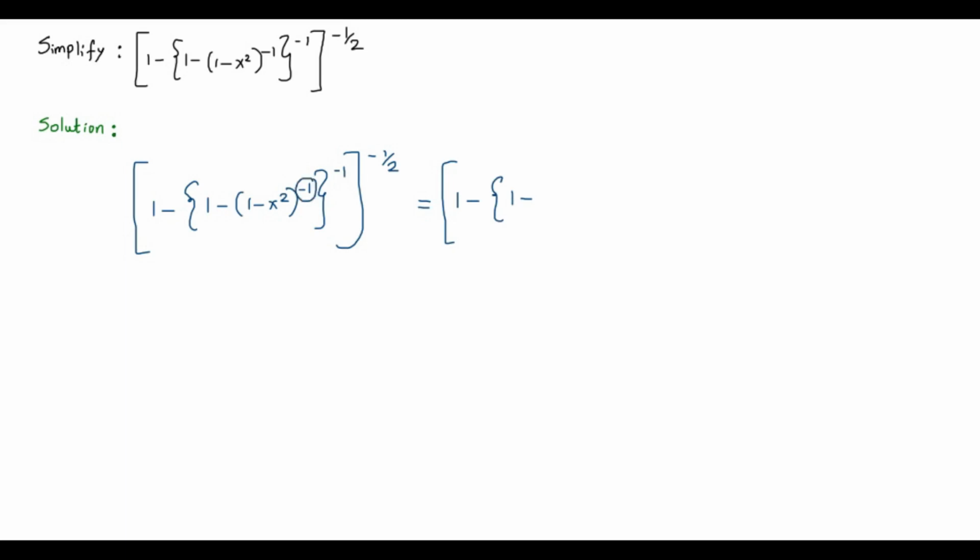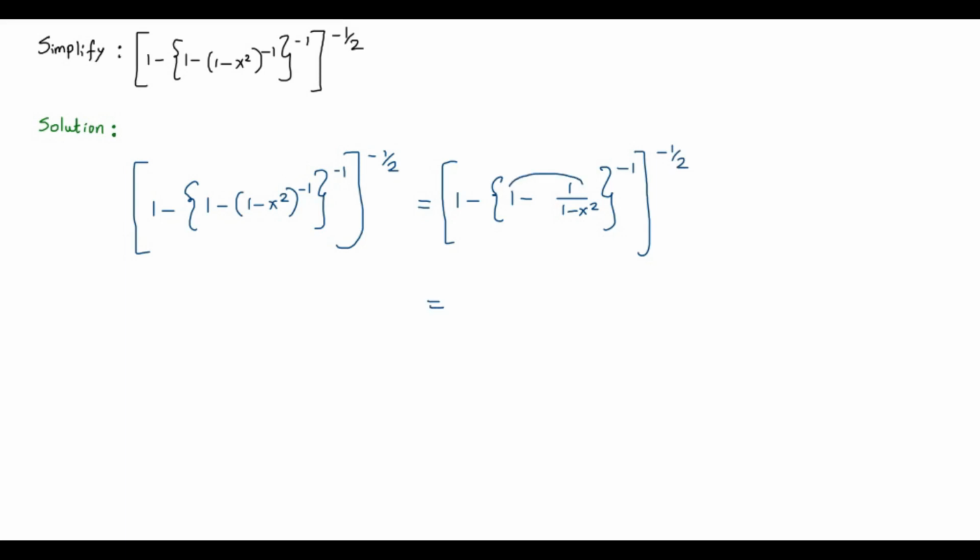So now I am going to change this negative 1 as positive 1, then I must get the reciprocal of 1 minus x square. So the reciprocal of 1 minus x square is 1 divided by 1 minus x square to the power of positive 1. Because this negative 1 has changed as positive 1, but if the exponent is 1, we don't have to mention it. So whole to the power of -1 again to the power of -1/2.